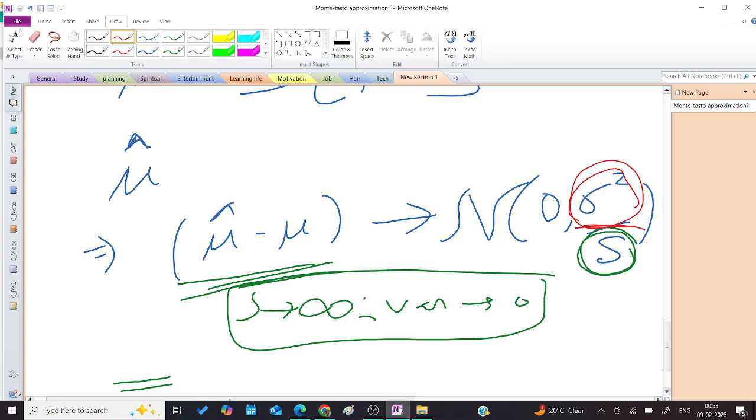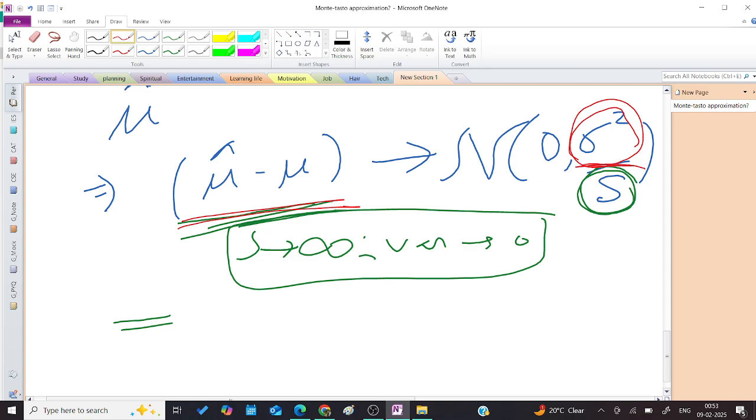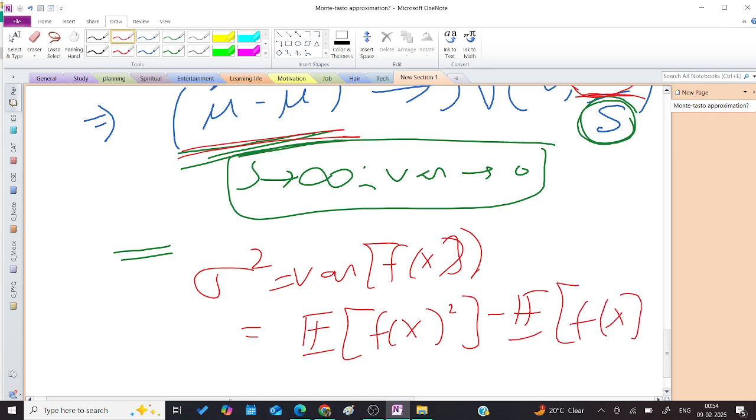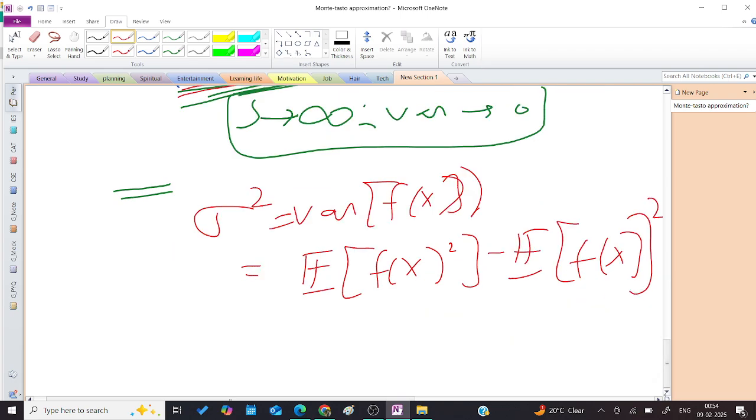If you want to find the accuracy of this difference, then sigma square is the variance of f(x), which is nothing but the expectation of f(x) square minus expectation of f(x) whole square.